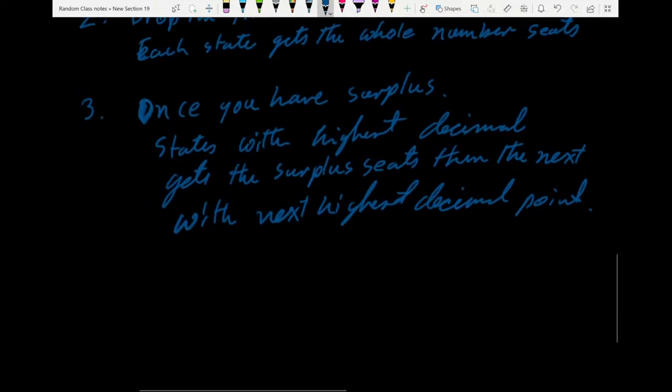So this we could call the quota rule, and that's what we mostly use to come up with which state gets what.